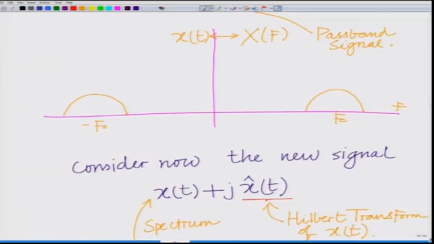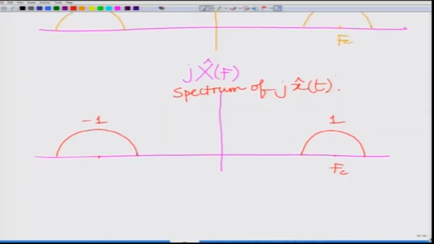So, let us say we call this spectrum 1, that is the spectrum of x t, and this is let us say spectrum 2, the spectrum of j x hat of t.